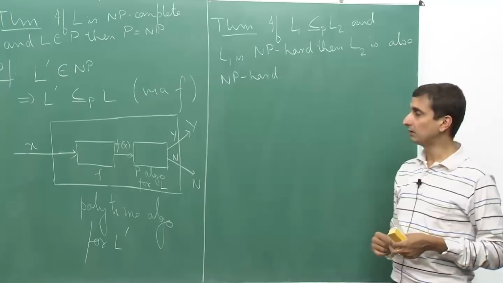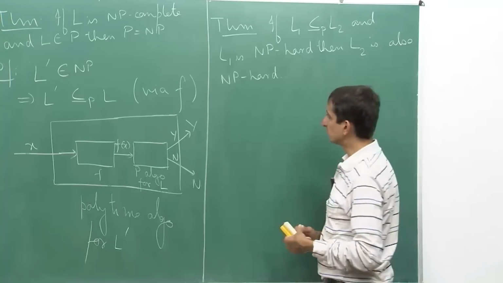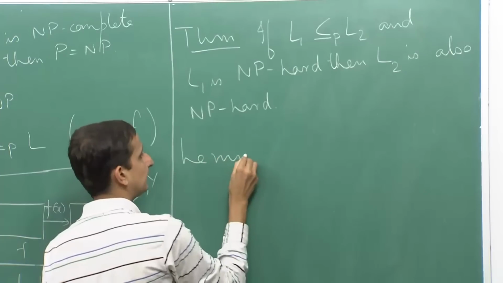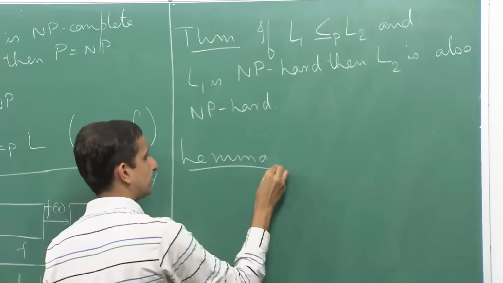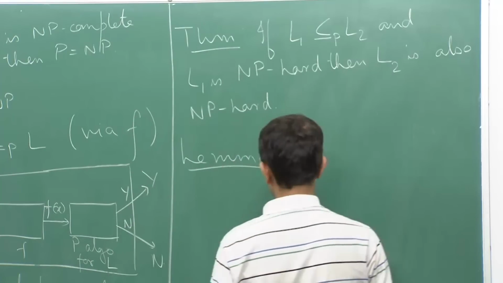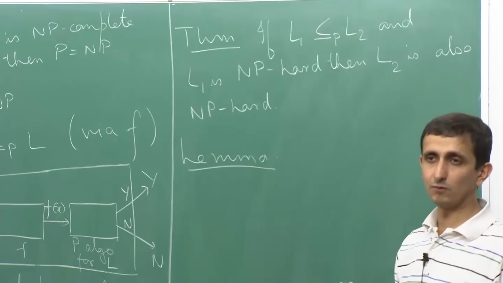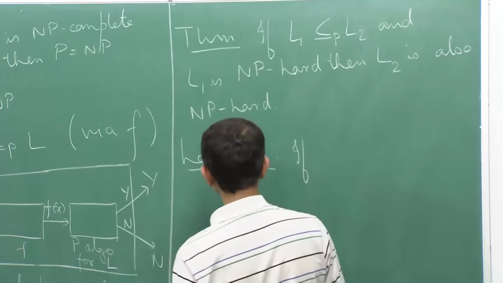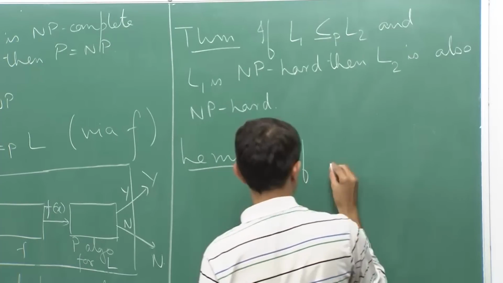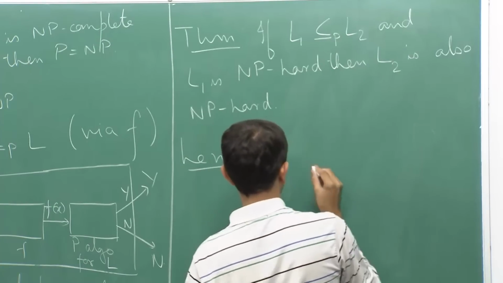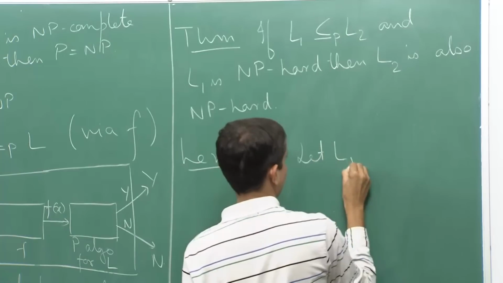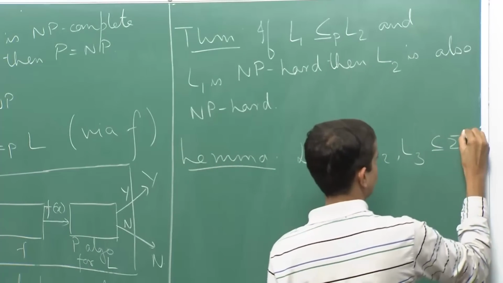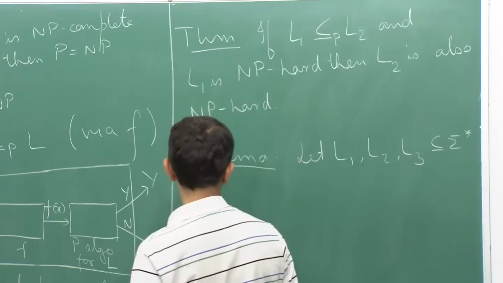Okay. So, to prove this, what I will do is I will use a lemma. So, this is again a lemma that is of interest by itself. Okay. So, suppose we have three languages L1, L2 and L3. So, let L1, L2 and L3 be three languages.